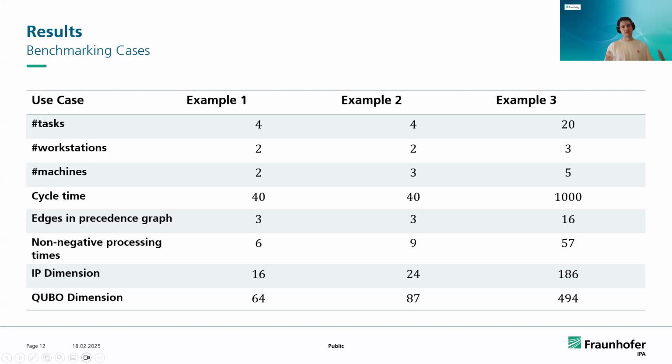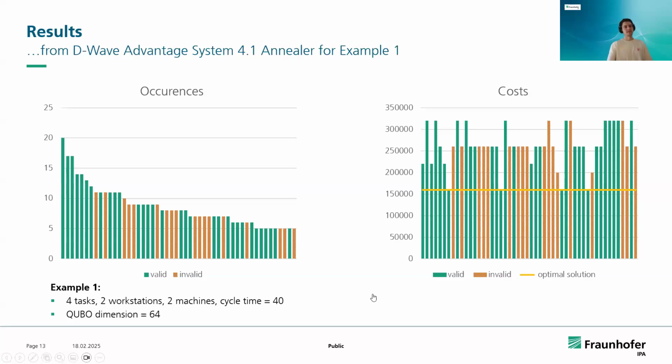So the actual QUBO dimension on the hardware blows up. I don't have the exact numbers, but already for the 64-variable QUBO, this would go well into the 300s for our connectivity. So this again is why we needed the QBSolve algorithm. Let's look at the results for example 1.